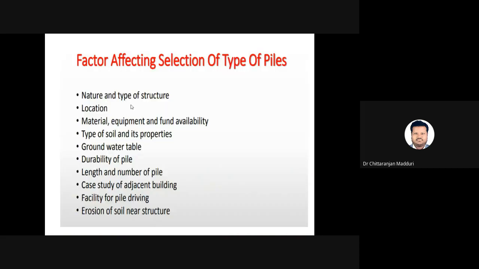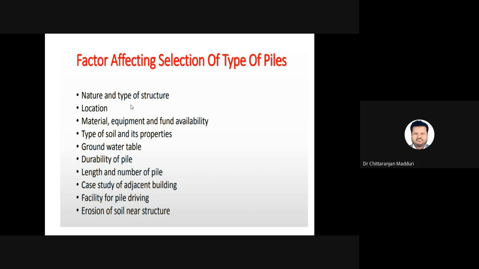The factors affecting selection of type of piles. The selection of type of pile depends upon the following factors: nature and type of structure, location, material, equipment, and fund availability, type of soil and its properties, groundwater table, durability of pile, length and number of piles, case study of adjacent buildings, facility for pile driving, erosion of soil near the structure.